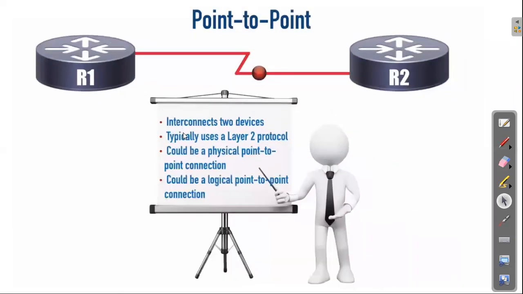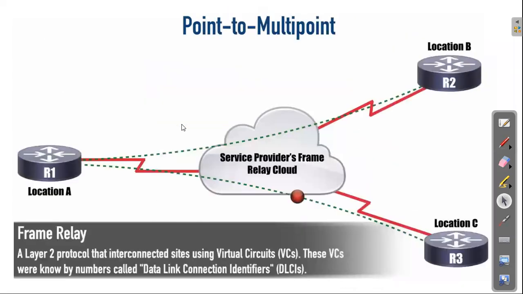Next, this is point to multipoint. We normally do this in a Frame Relay network. It is a layer 2 protocol that interconnects sites using virtual circuits, VCs. These VCs are known by numbers called data link connection identifier, DLCI.